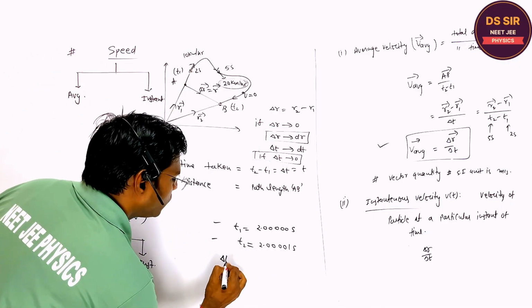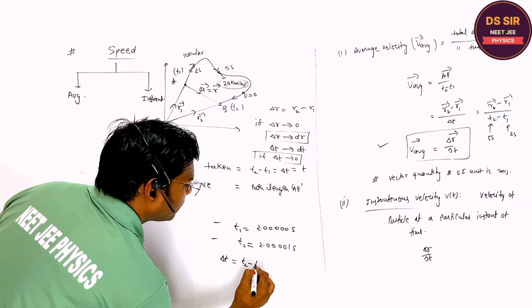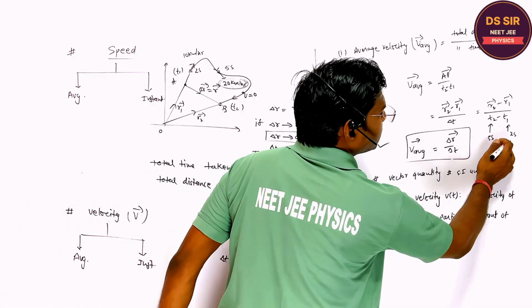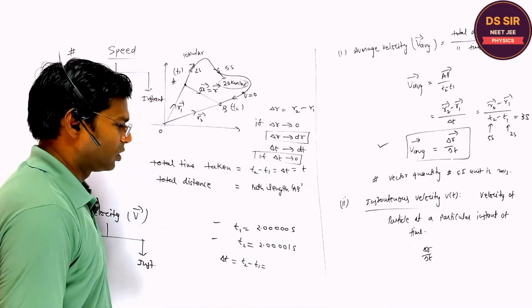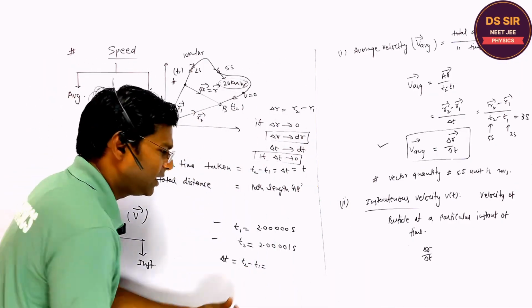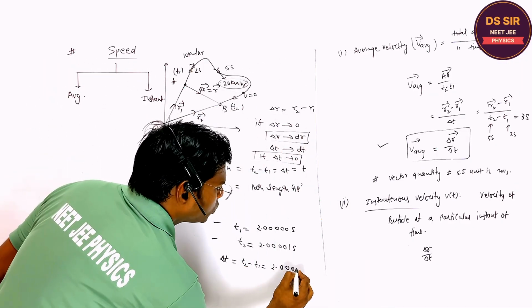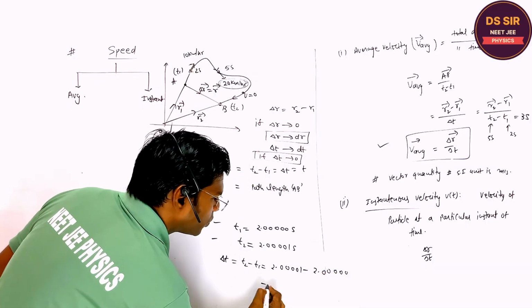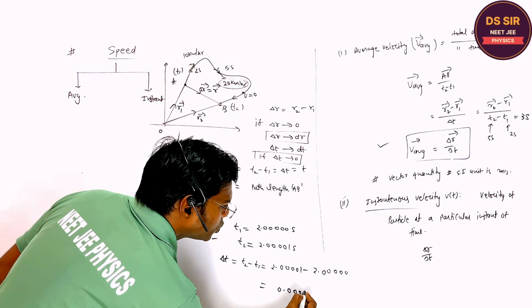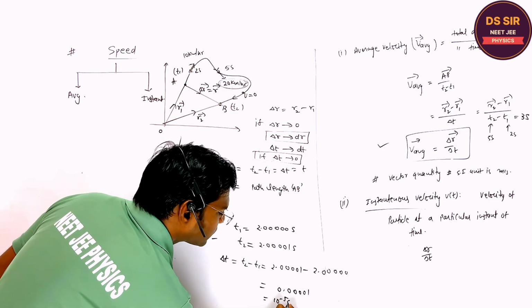So if you want to find the change in time, here the change in time is what? 3 seconds, 5 minus 2 is equal to 3. But for the instantaneous case, 2.0001 minus 2.0000. So what will you get? 0.00001 second, 10 to the power minus 5 second.